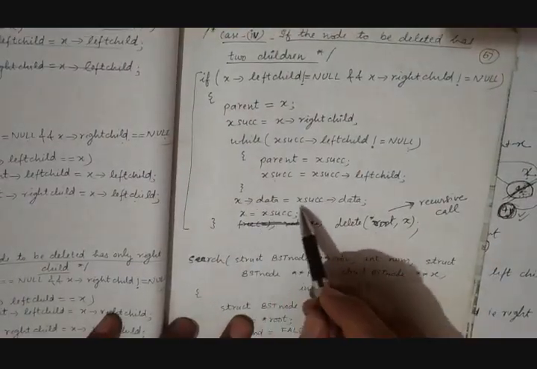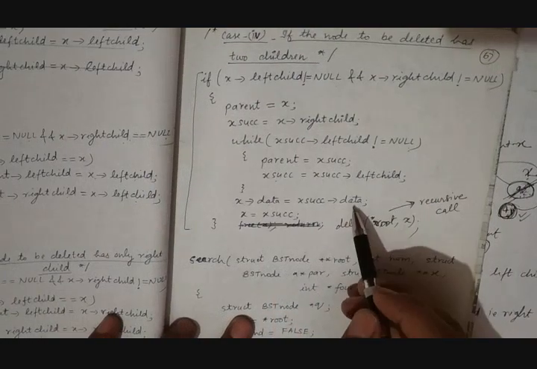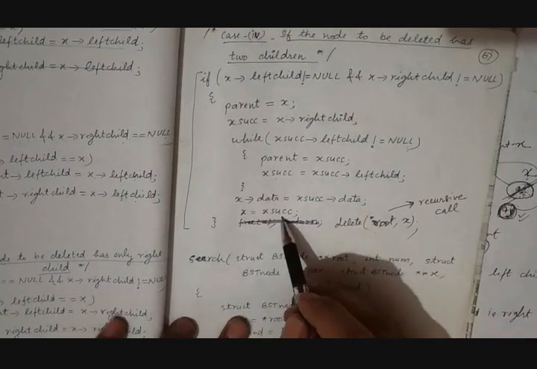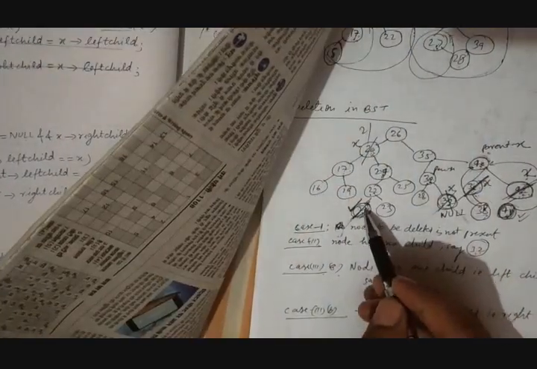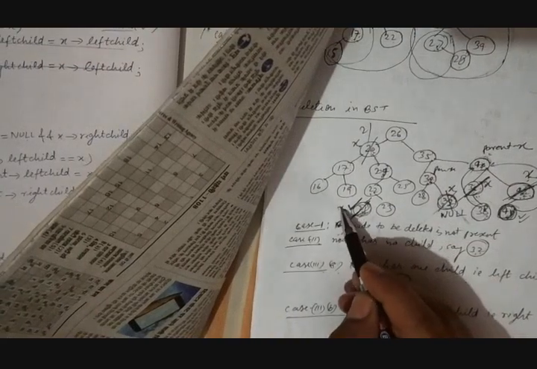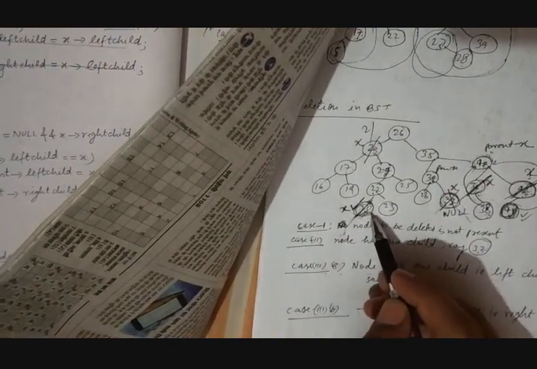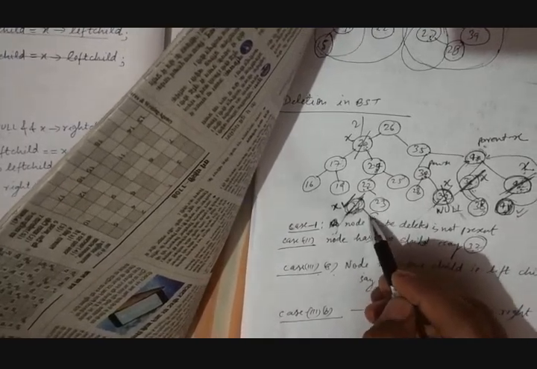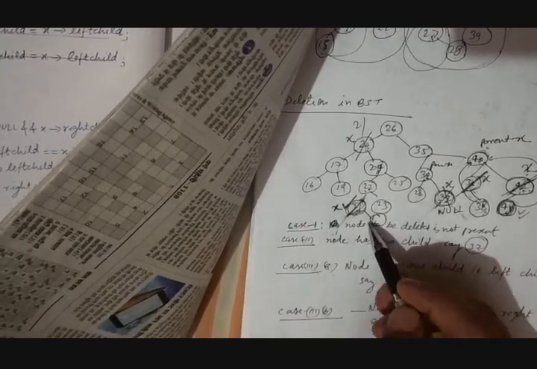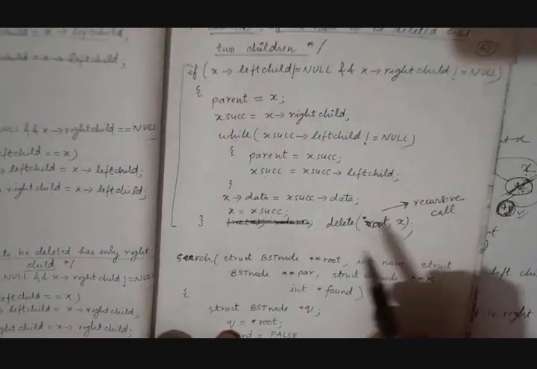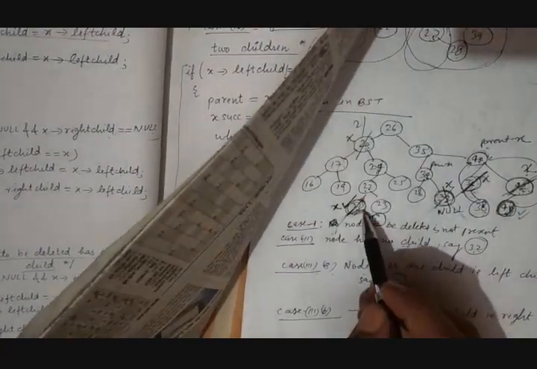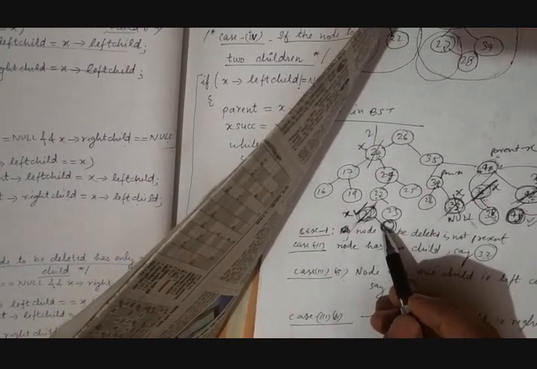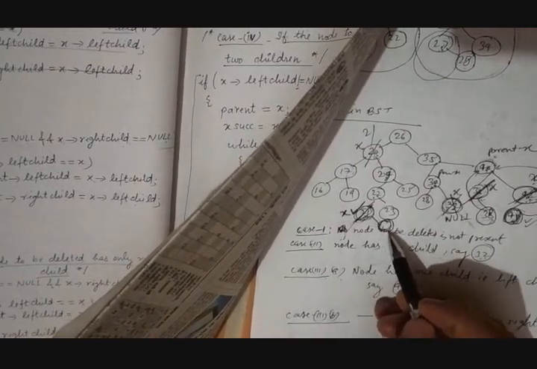What have we written here? X data will be replaced by X successor data, and X will become X successor. Now this 21 is X successor, so now this X successor will become X. It may be possible that this node has some right child over here. In that case, this will be a case where you want to delete a node which has a single child node.